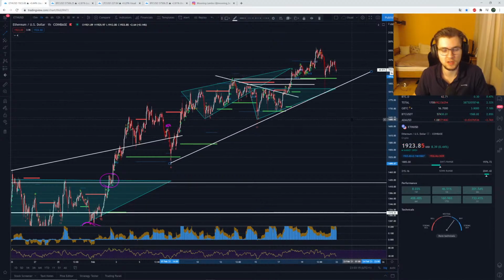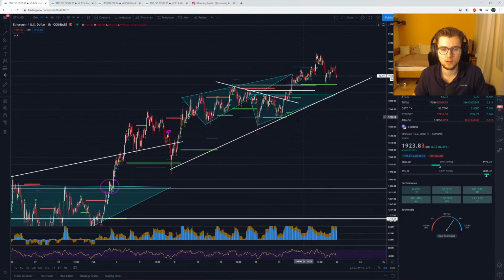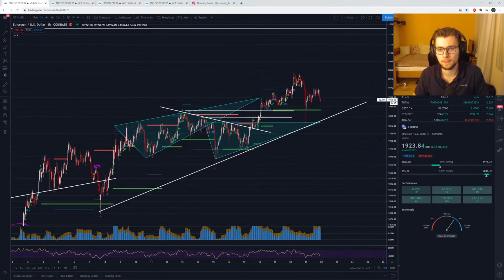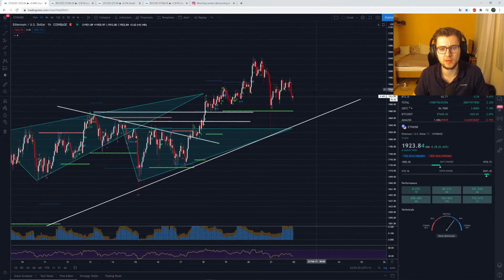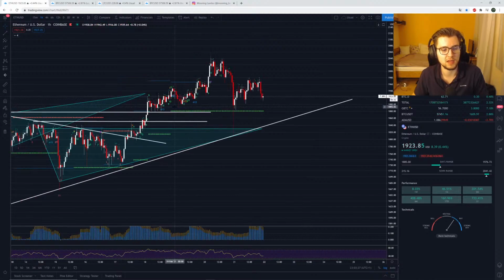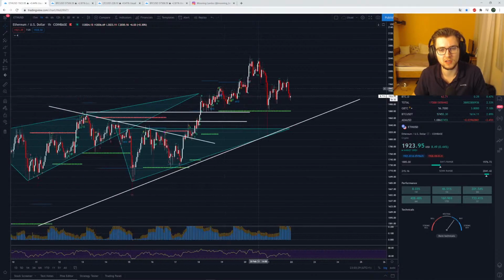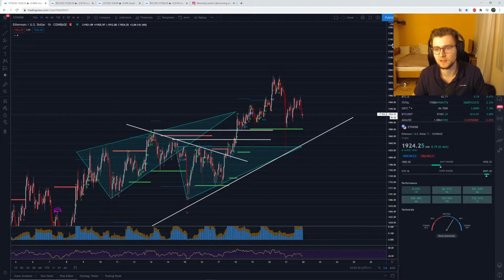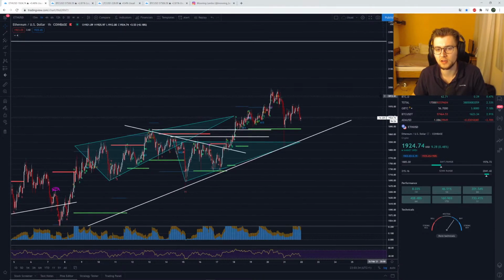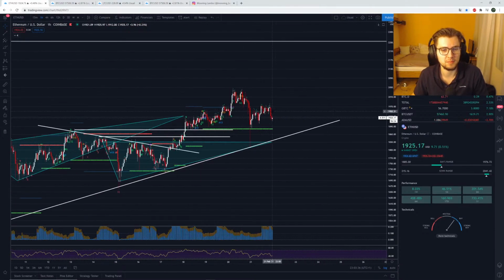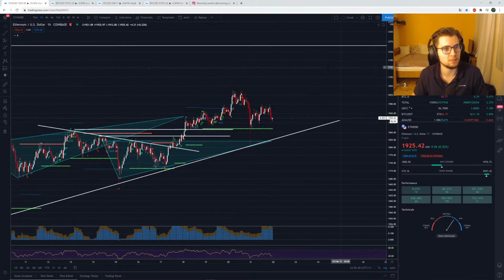Actually, nice retest of support here. Yeah, so Ethereum kind of forming a head and shoulders. I don't really trade head and shoulders. I just look at them, mostly of course as bearish patterns. But I mean, bearish patterns in these bull markets get sold off and then quickly bought back up.